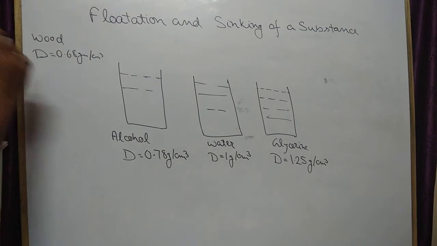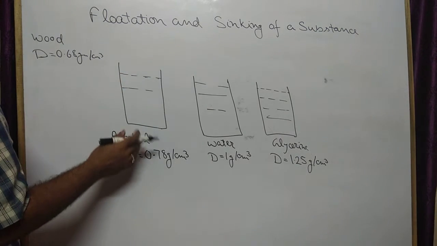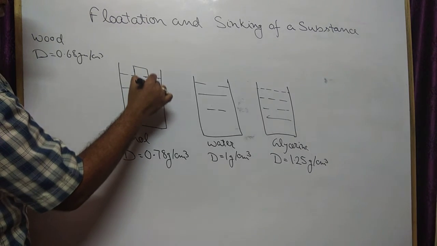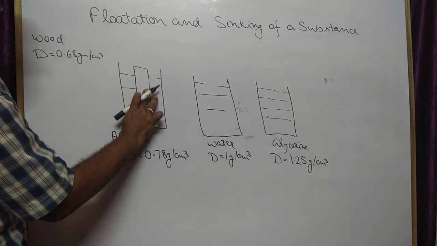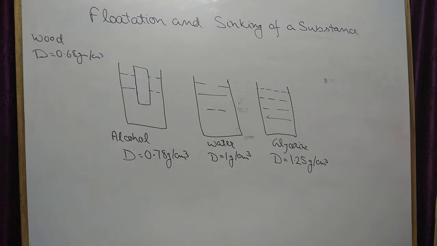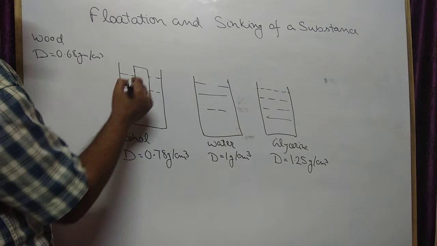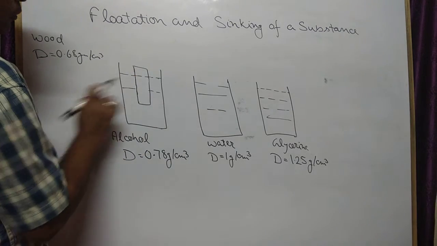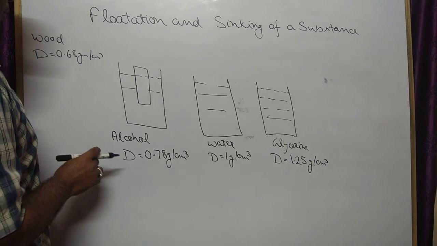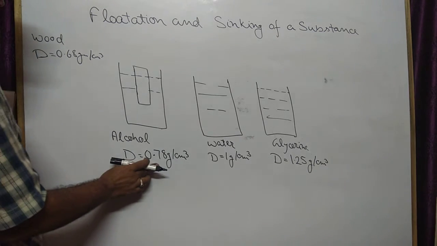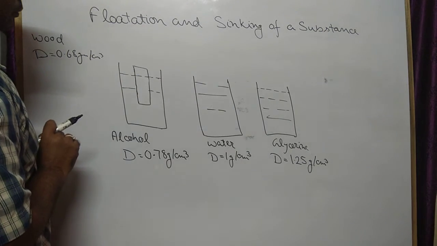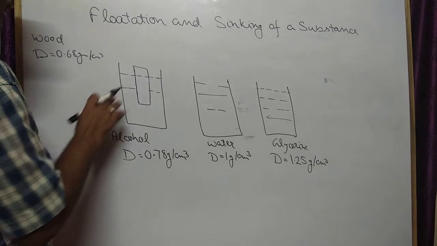Whenever we put this piece of wood in alcohol, what we observe is that it is immersed more, not completely, about 2/3 in alcohol. Why? Because the density of wood and alcohol is almost the same, so it will sink about 2/3 and float.